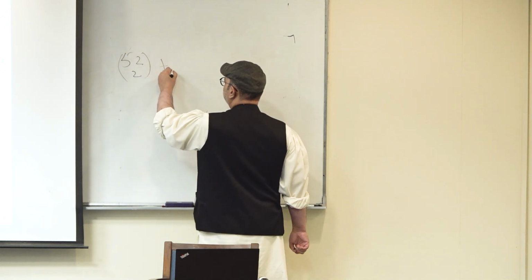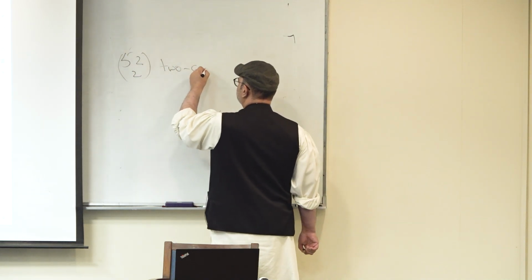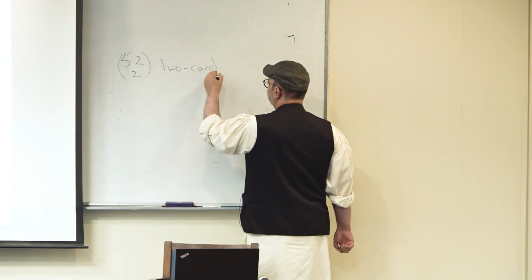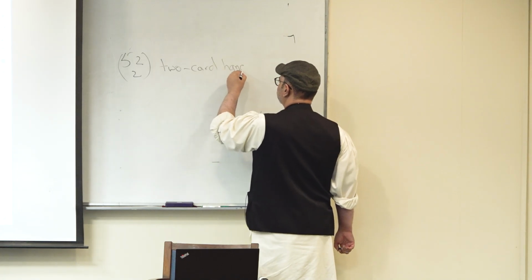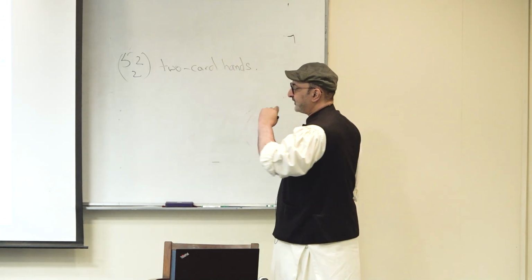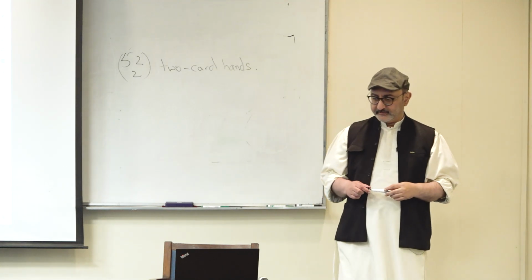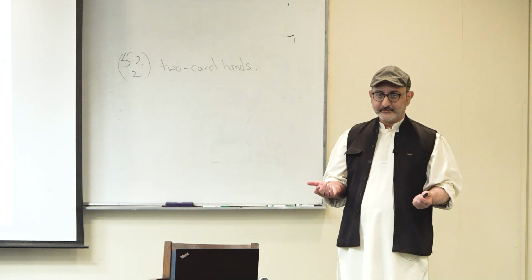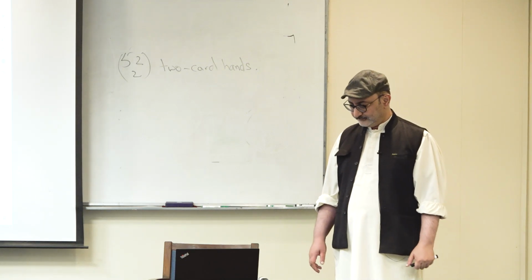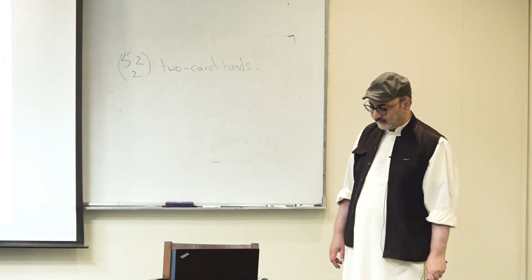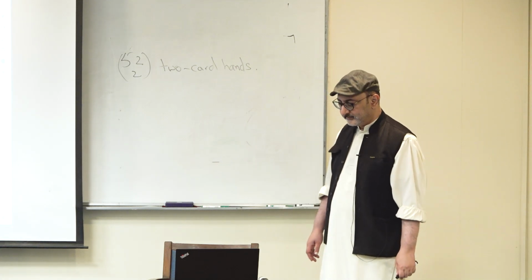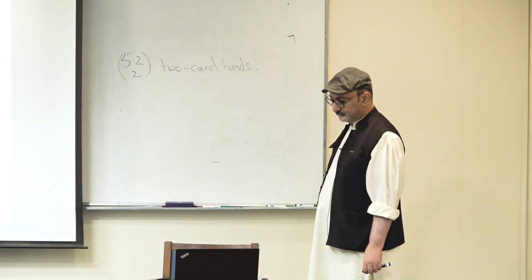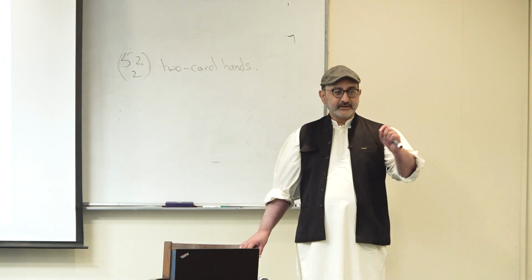Let's just write down a few things that we know, okay? We know right away there are 52 choose 2 two-card hands. Anything else that we know? We know that we've drawn the king of hearts.